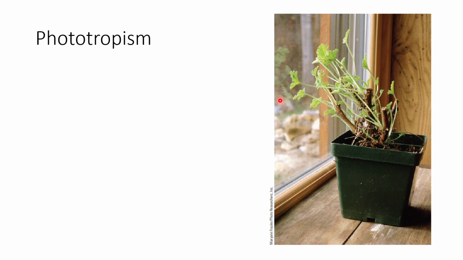He removed coleoptile tips and placed them on tiny blocks of agar for a long time, and when he put one of these agar blocks on a decapitated coleoptile, normal growth resumed. When he placed one of these agar blocks on one side of the tip of a decapitated coleoptile in the dark, bending occurred as well.